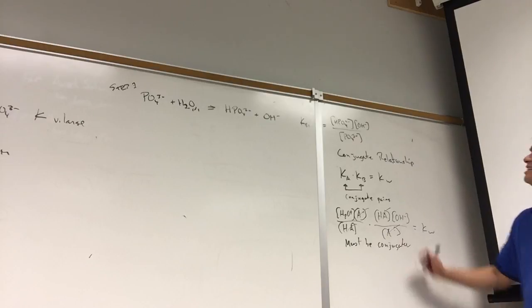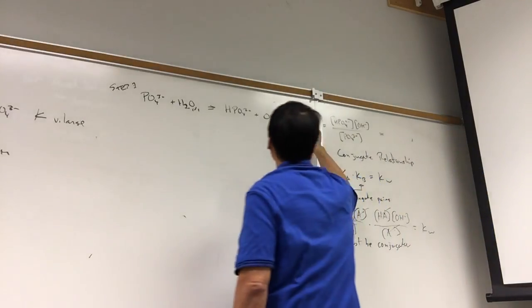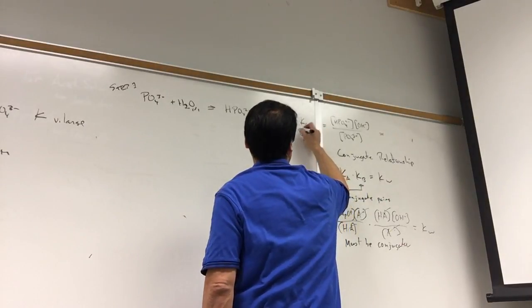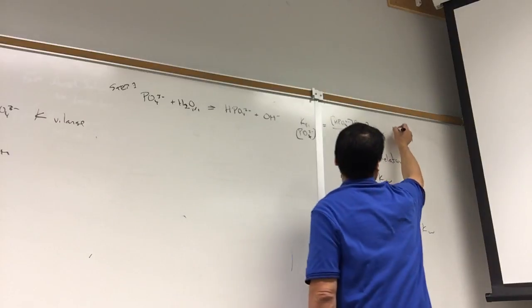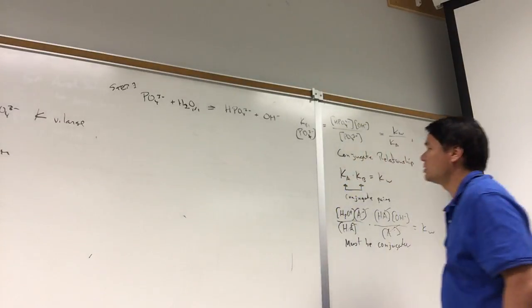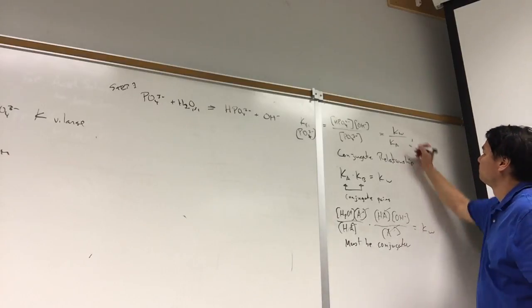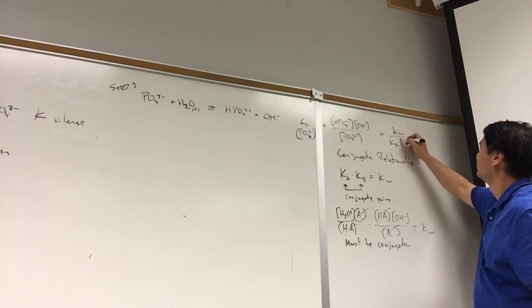So that means that Kb1 for phosphate is going to equal Kw divided by the Ka for its conjugate acid. What's the conjugate acid for phosphate? The conjugate acid for phosphate is monohydrogen phosphate.